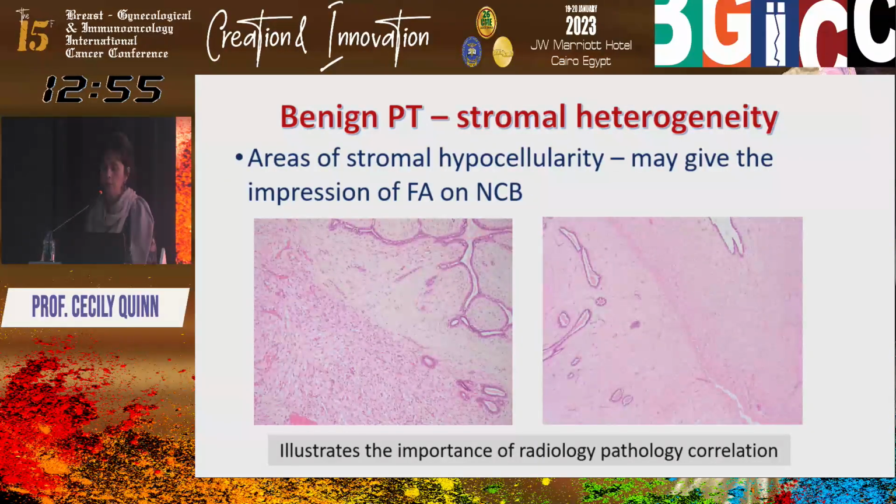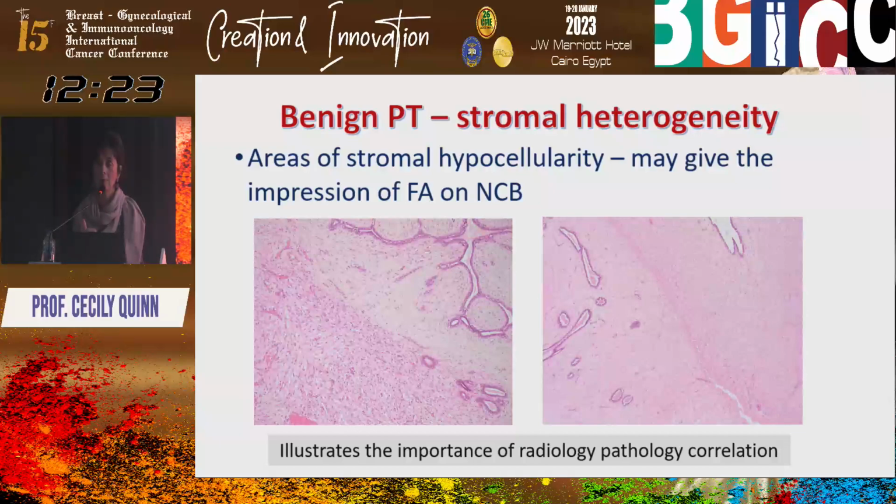Another feature of the stroma that is helpful is heterogeneity. You can see quite a varied appearance in a phyllodes tumor that you don't see in a fibroadenoma. So this can actually give the impression of a fibroadenoma on a core biopsy. You can see here, on the left-hand side of the screen, almost a dividing line between a cellular area on one side with not very much glandular proliferation, and then an area on the other side that looks more like a fibroadenoma.